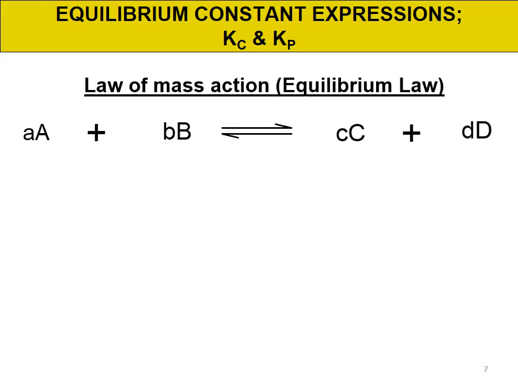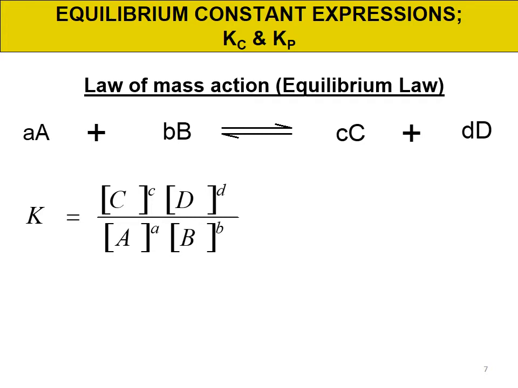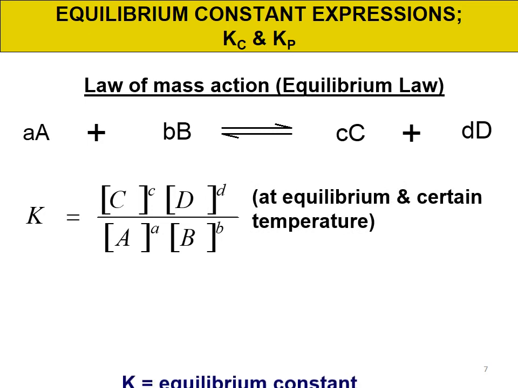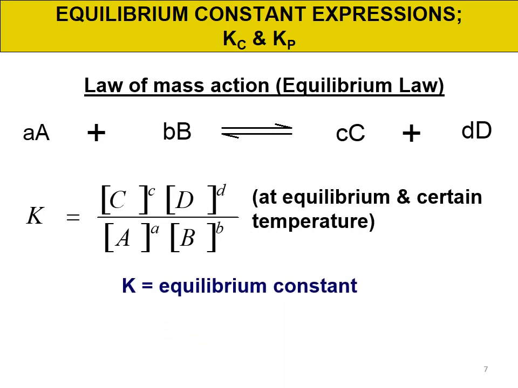If you have a chemical equation like this, a moles of reactant A react with b moles of reactant B to produce c moles of product C and d moles of product D, the equilibrium constant expression is the molar concentration of C raised to the power of c, multiplied by the molar concentration of D raised to the power of d, divided by the molar concentration of A raised to the power of a multiplied by the molar concentration of B raised to the power of b.